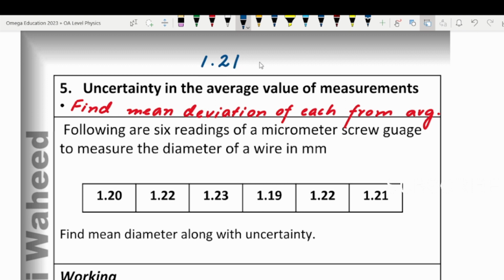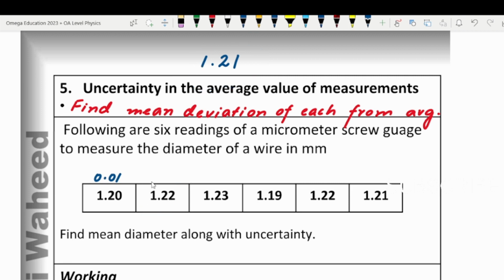Now, what is the deviation of the first value from 1.21? There is a difference of 0.01. Now, what is the difference between the second quantity and the average value?